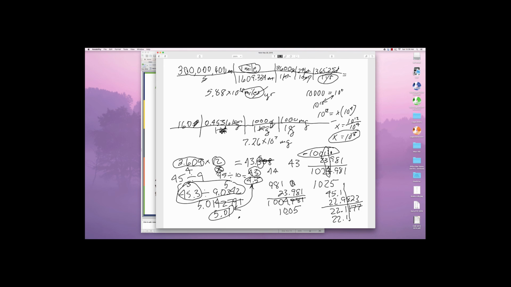Now, if in your answer you got 2.63, you'd know these are not very close together, and this 2.63 is in the wrong direction, so you'd know that there was a problem here. If we looked at, say, this up here, if you said 160 times a half would be about 80, and then times 10 to the 6th, 80 times 10 to the 6th, or 8 times 10 to the 7th would be an approximation.